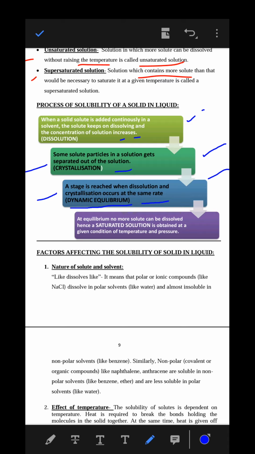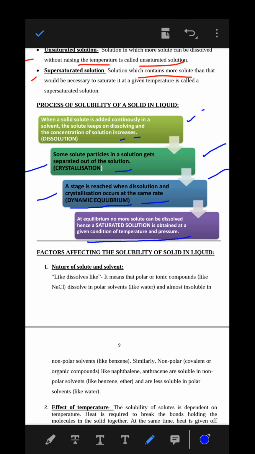At equilibrium, no more solute can be dissolved, hence a saturated solution is obtained at a given temperature and pressure. Thus the concentration of solute in such a solution is its solubility.